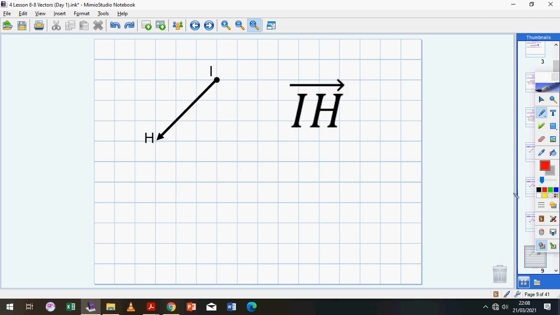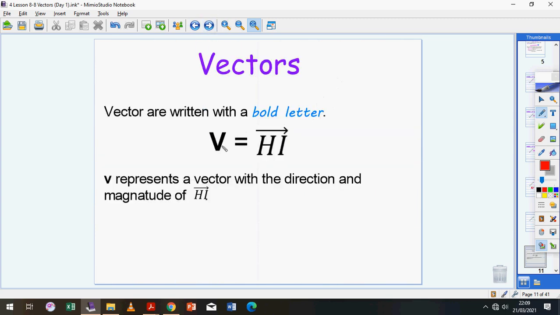This tells us that the vector AB is not the same thing as the vector BA, because BA is in the opposite direction. They will have the same size, but the direction will be different. So in vectors, look out for something like that. So it starts at I, goes to H.